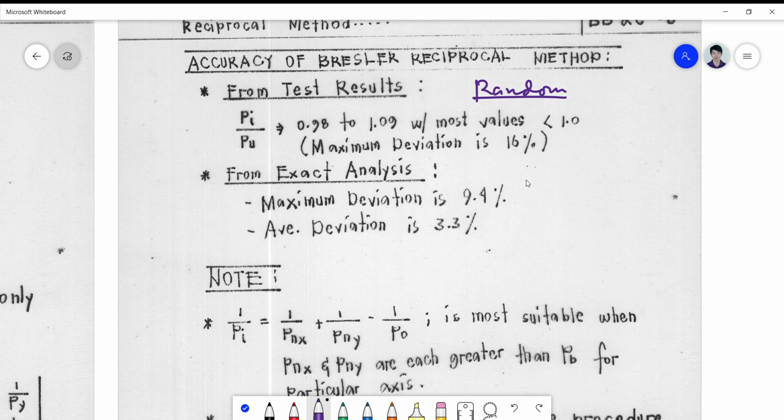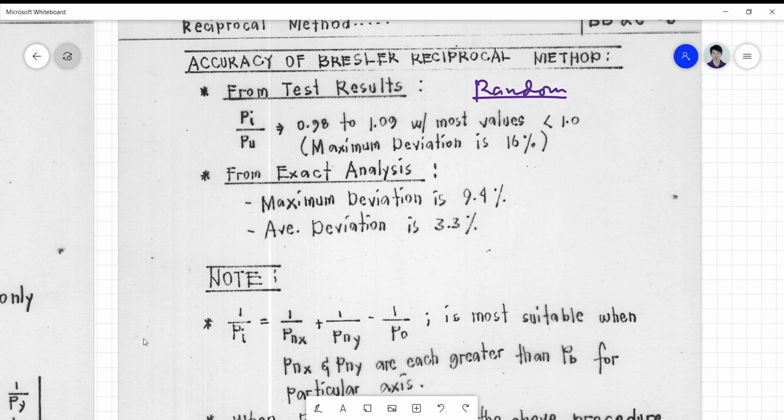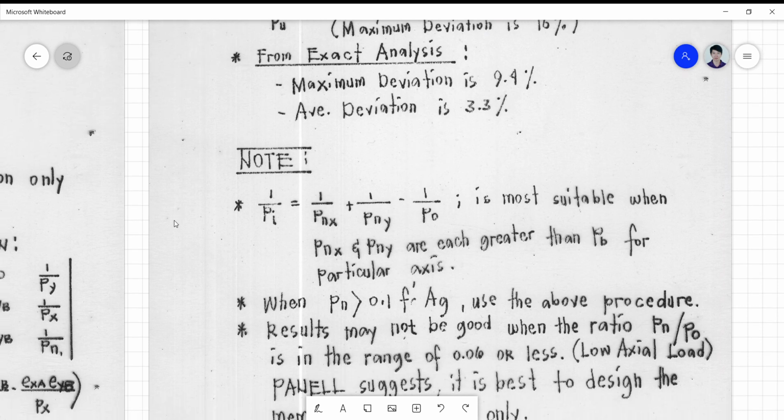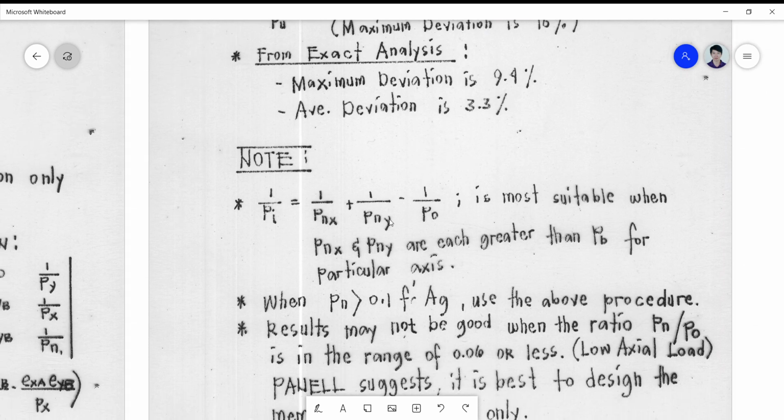They are actually quite different. That's why if you are going to make use of a factor of safety on the basis of this, you have to consider which will give you the more conservative. Okay, so take note that this equation is most suitable only when Pn is big.